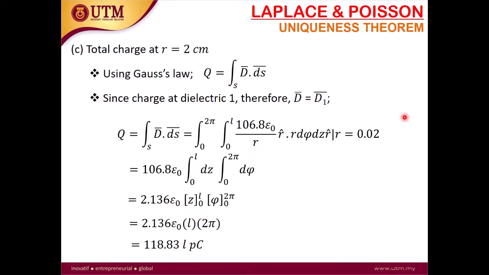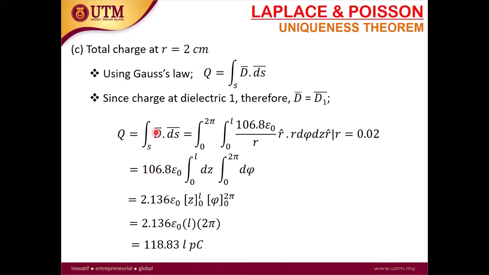For question C, find the total charge at R equal to 2 cm. We have to use Gauss law, where Q equal to the integration of D dot dS. Since we are in dielectric 1, we use D equal to D1. Q is basically on the side surface of the cylinder, so we have to choose the correct coordinate system and the correct surface.